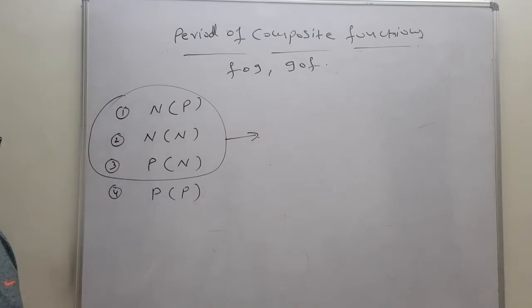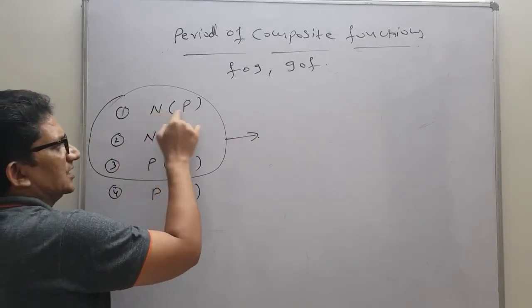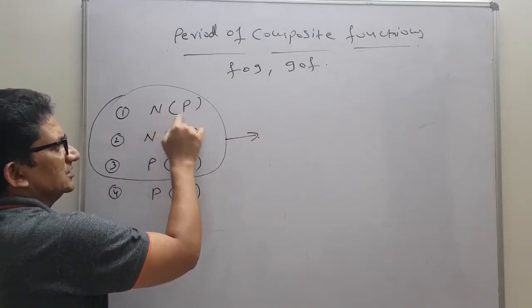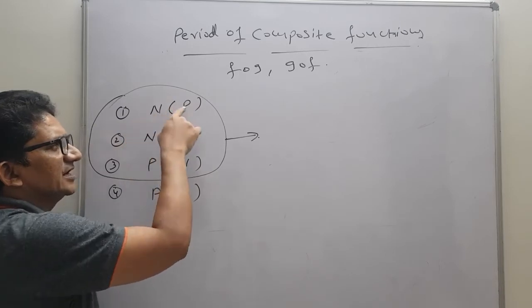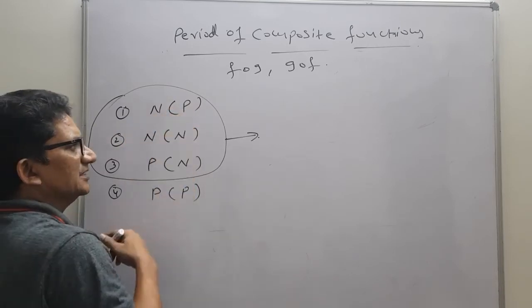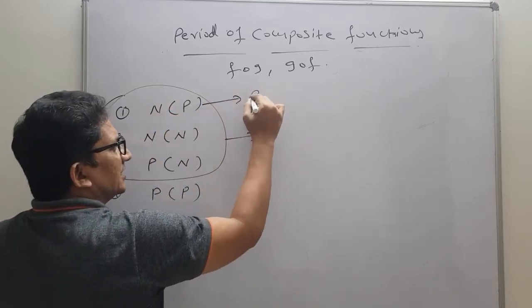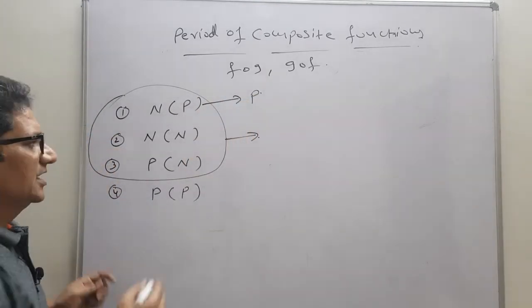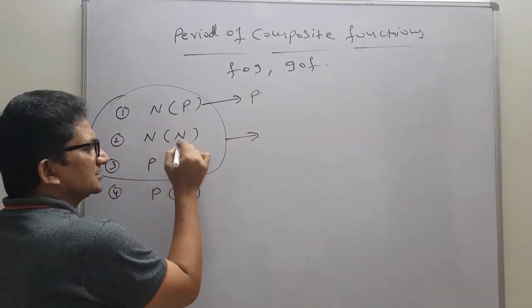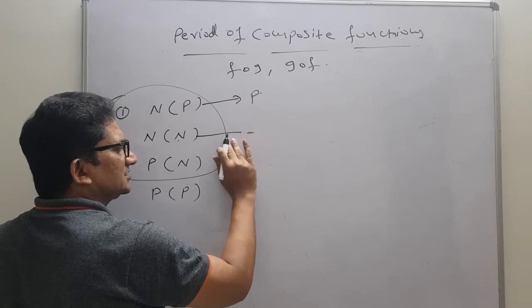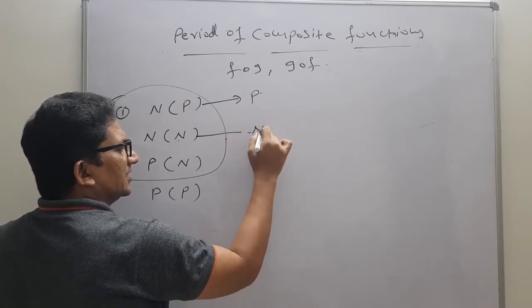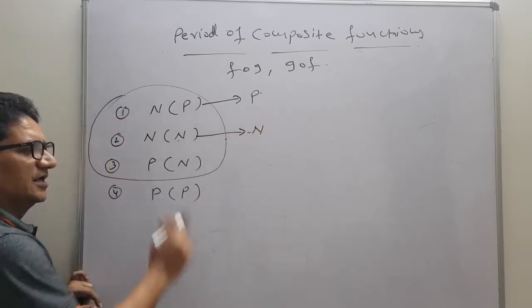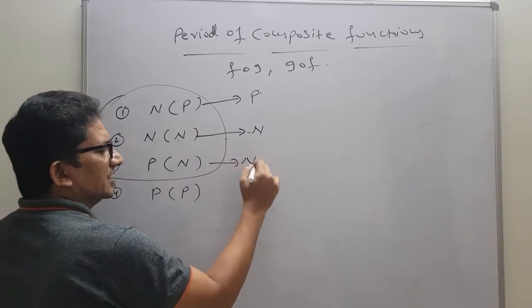See, so now here, n of p, if we have outside non-periodic and inside periodic, the overall function is periodic. And if inside the function is non-periodic, the function is non-periodic. And here also the function is non-periodic.